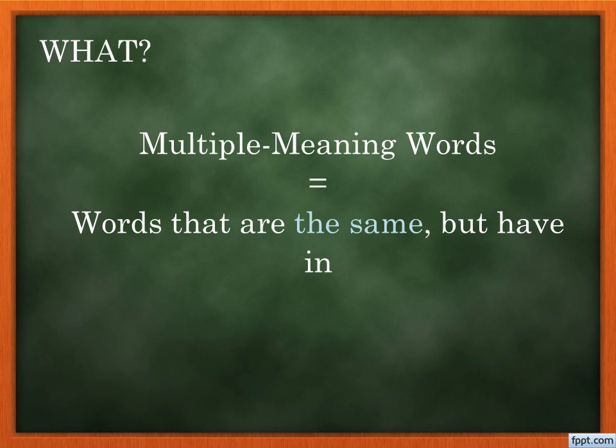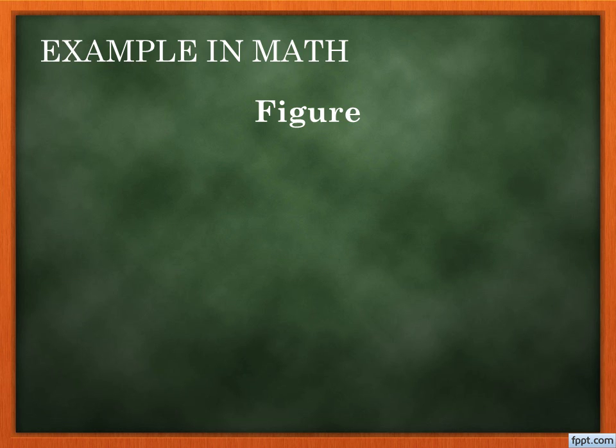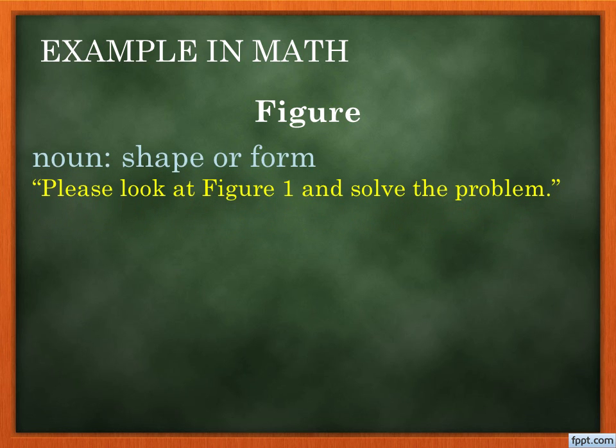So what are multiple meaning words? They're words that are exactly the same, but they have different meanings in different contexts, and this can range even to parts of speech. So in the example in math, the word figure: here as a noun it's a shape or form.